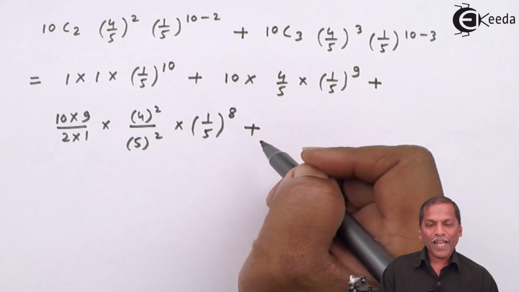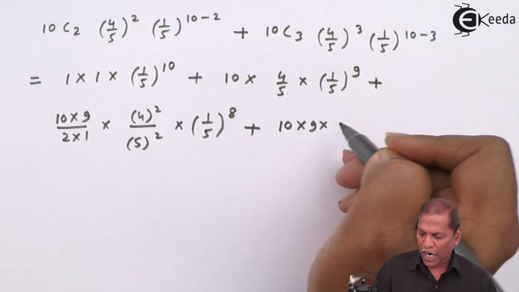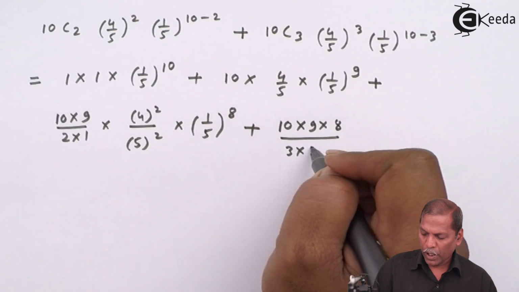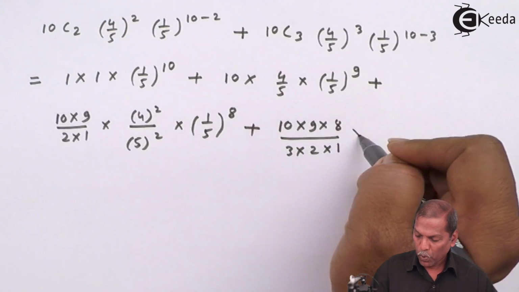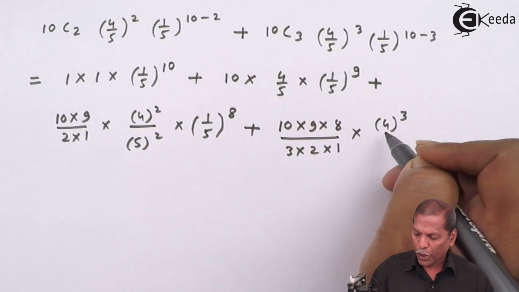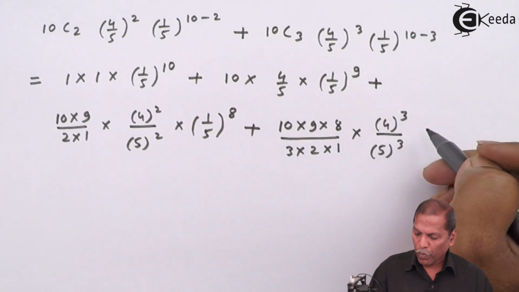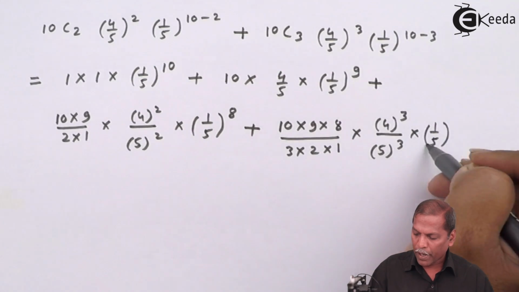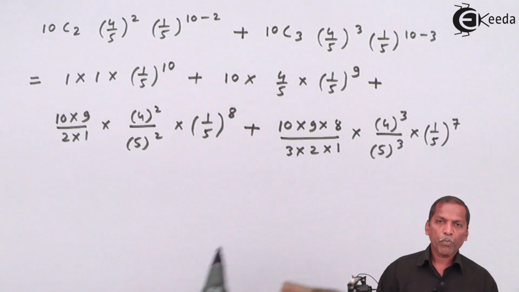Then plus 10C3. So we write 10 into 9 into 8 upon 3 into 2 into 1, into 4 cubed upon 5 cubed, into 1 upon 5 raised to 10 minus 3, that is 7.